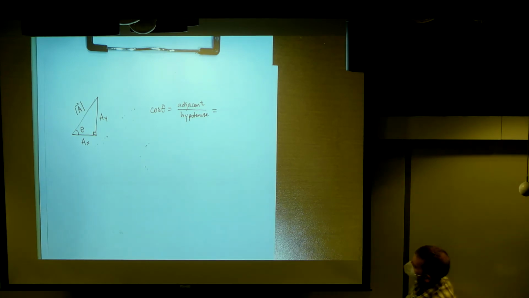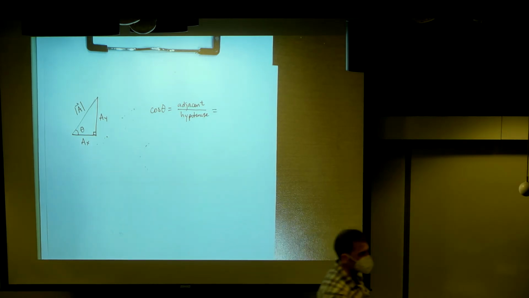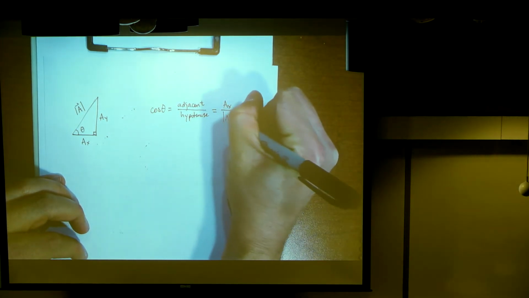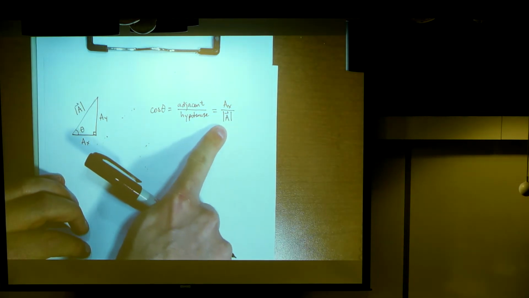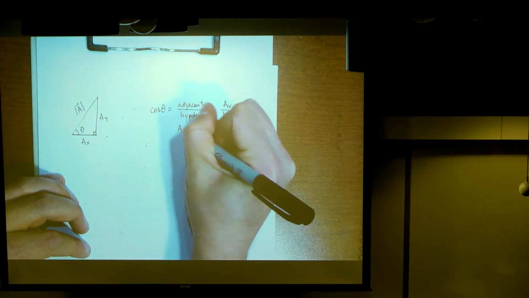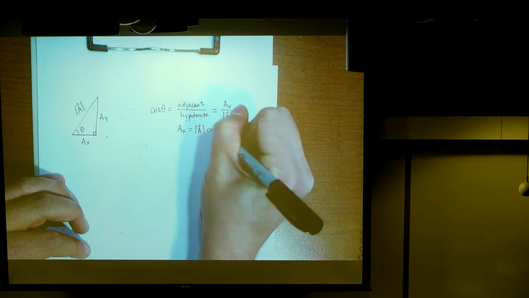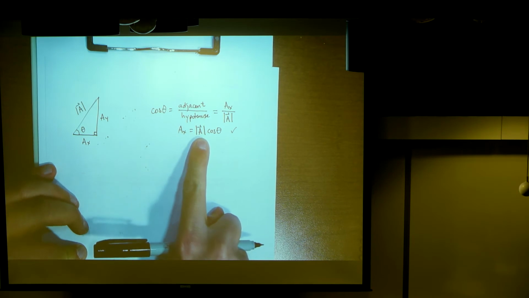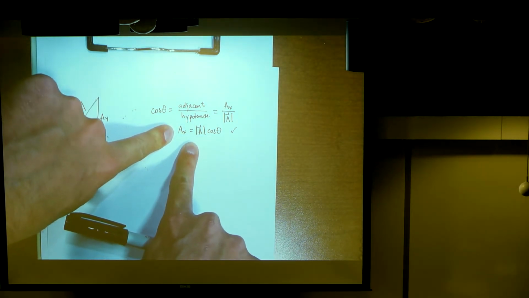It's Ax, the side that's adjacent to the angle but not the hypotenuse. And our hypotenuse, we already said, is the magnitude of A. So solve for Ax. What do you get? Ax is equal to the magnitude of A times cosine of theta. So if we have the magnitude and the direction, we can use this to solve for Ax, to get the x component out.